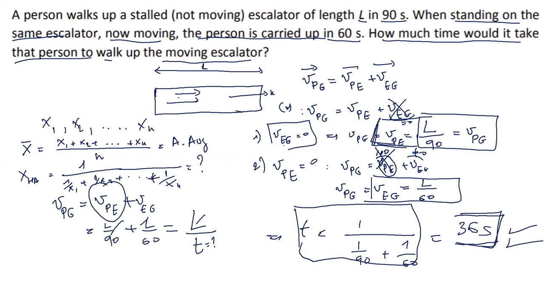If you remember in chapter 1, at some point we were calculating the average speed. The average speed was 1 divided by (1 divided by V1 plus 1 divided by V2), etc. Have a look at chapter 1, one-dimensional motion.